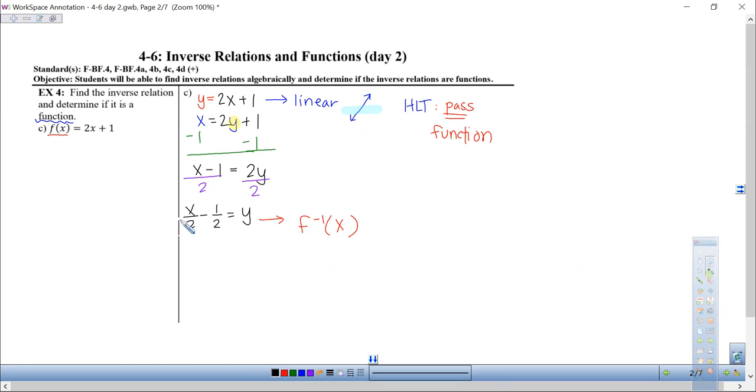If I simplify this, remember x over 2 is a linear function. I write it as 1/2 x. And then I cannot simplify negative 1/2. So the answer to C, for example 4, is f inverse of x equals 1/2 x minus 1/2.